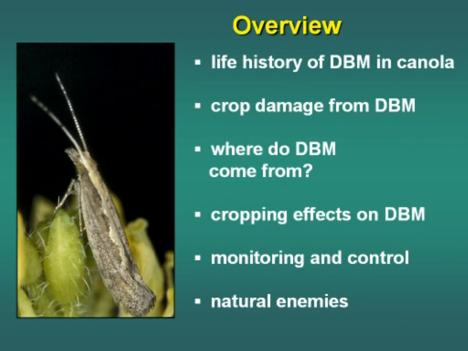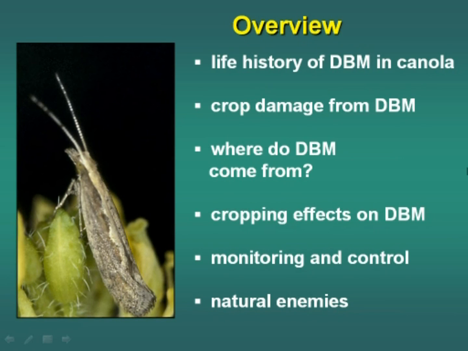So my presentation will first begin with some basic information: the life history of this insect wherever it occurs, the crop damage that it's capable of causing in canola, and where diamondback moth come from. I think this is important because it helps explain why we have such a heavy infestation this year in 2010, but for example, in 2008, we had virtually nothing.